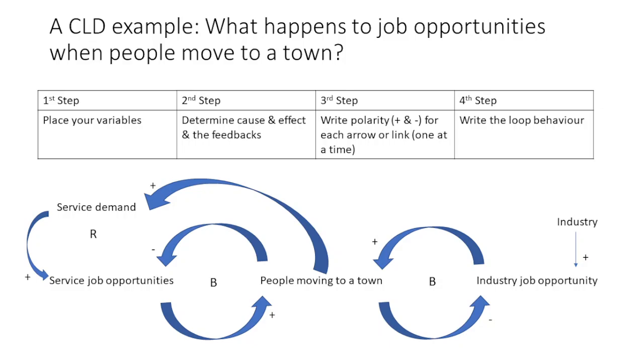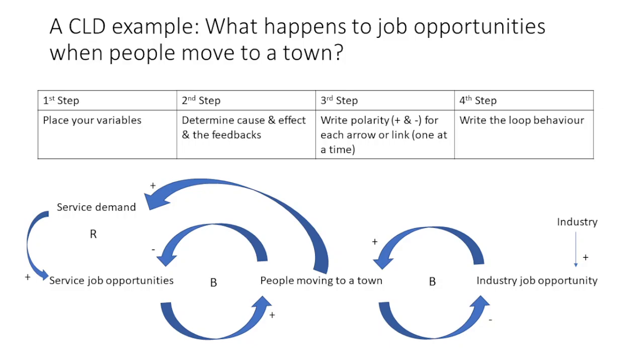The second loop then comes from a secondary effect of people moving to this town. It creates demand for service, which in turn creates an opportunity for jobs in services to serve the industry workers themselves. Again, that places more demand, and in this case, more demand causes more opportunities.